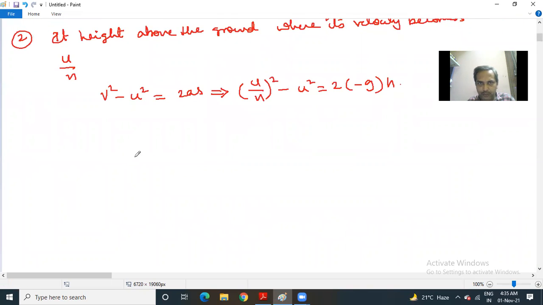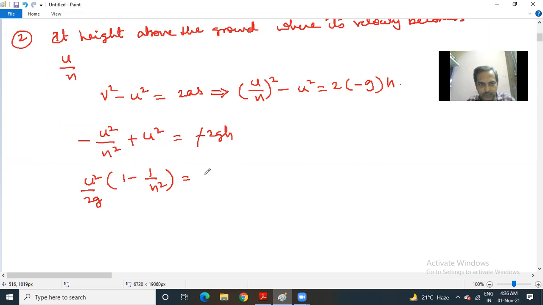It will be u square by n square minus u square is equal to minus 2gh. You take out common u square. If you cancel this minus, this will become plus, this will become minus. So it will be 1 minus 1 by n square is equal to, you can take this 2g down, so this is going to be h.